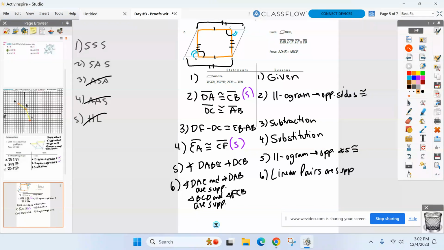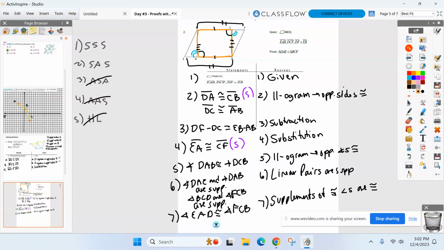And now I can say those supplements are equal. So angle EAD is congruent to angle FCB. Supplements of congruent angles are congruent.